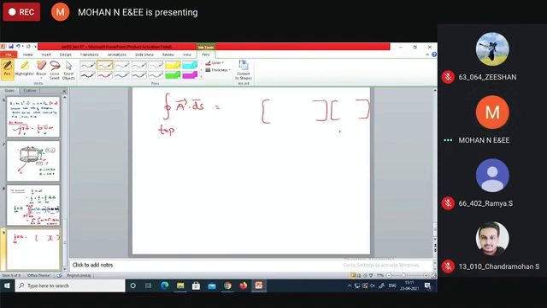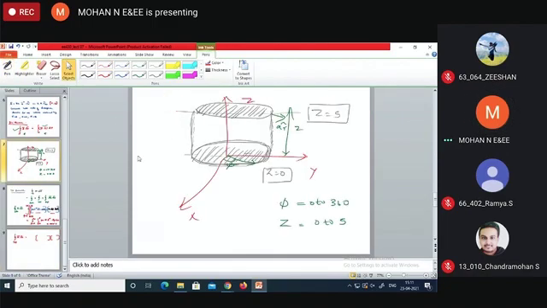What is the top surface here? This is my top surface, and the normal component will be along the az cap, the Z direction.